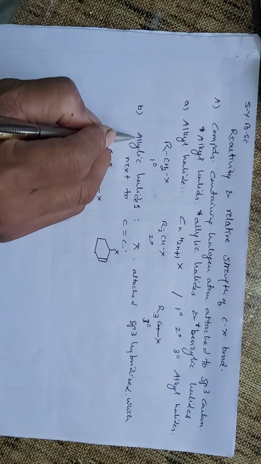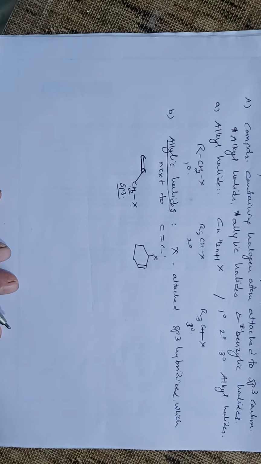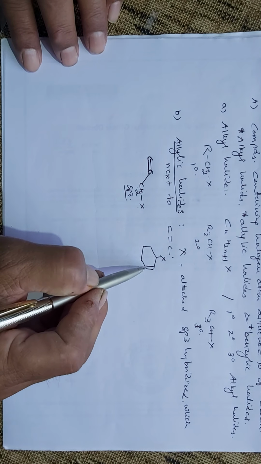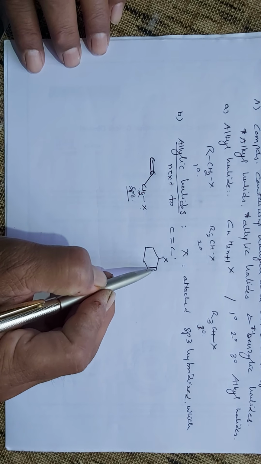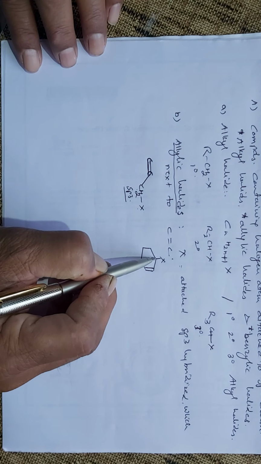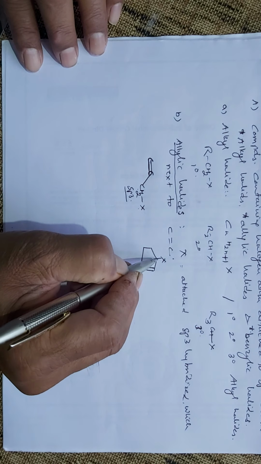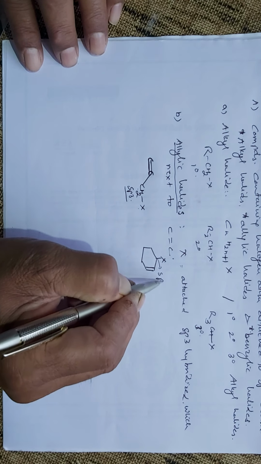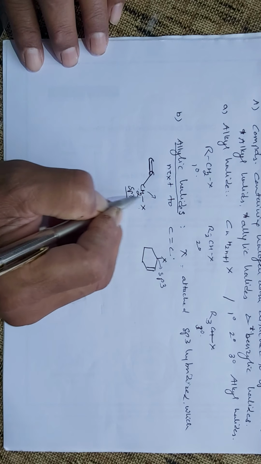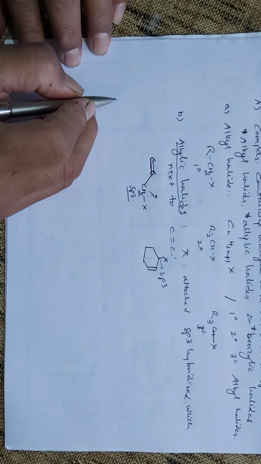Such type of compounds are called allylic halides. Again, CH double bond, which is attached to CH2, that is sp3 hybridized, and to this the halogen is attached.